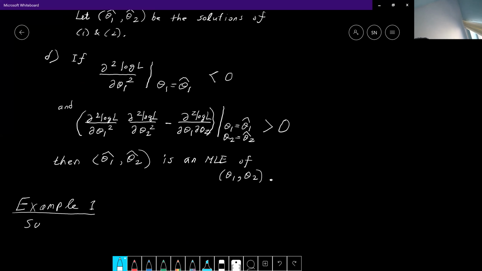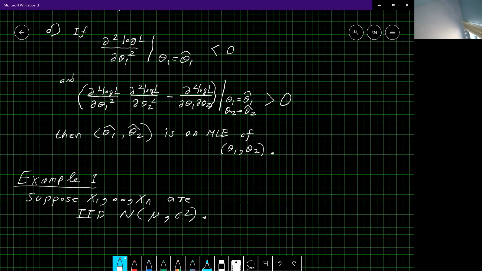Okay, suppose, and this is the most popular example, where you have data from a normal distribution with two parameters. The first parameter is mu, the population mean. The second parameter is sigma squared, the population variance.